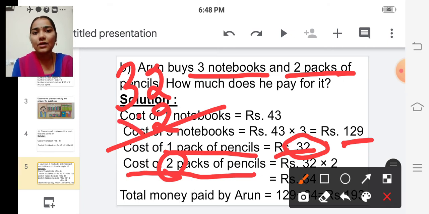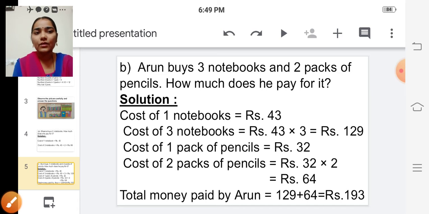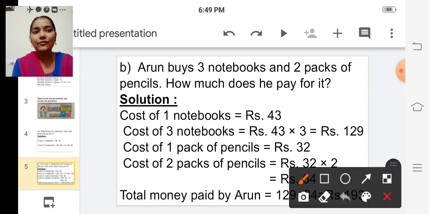So start from the right side. 2 2s are 4. And next 3 into 2. 3 2s are 6. 64. So cost of 2 packs of pencils is rupees 64.